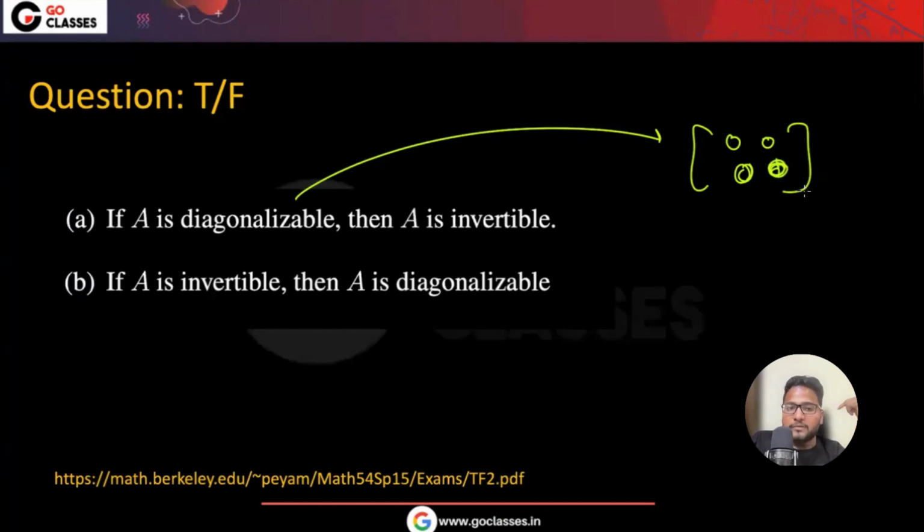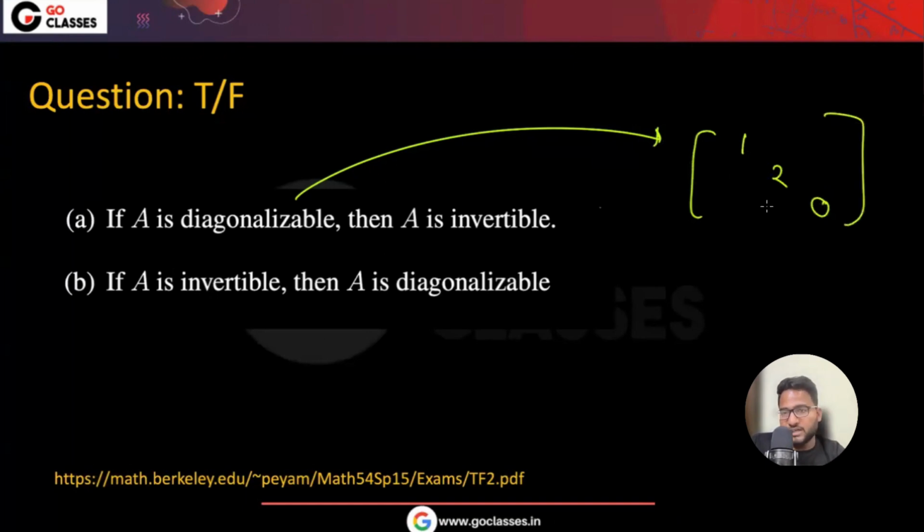Tell me, is this invertible also? Or maybe if you don't want to take this extreme case, you just take it like this, right? Is this diagonalizable? Yes, right? It is a diagonal matrix.